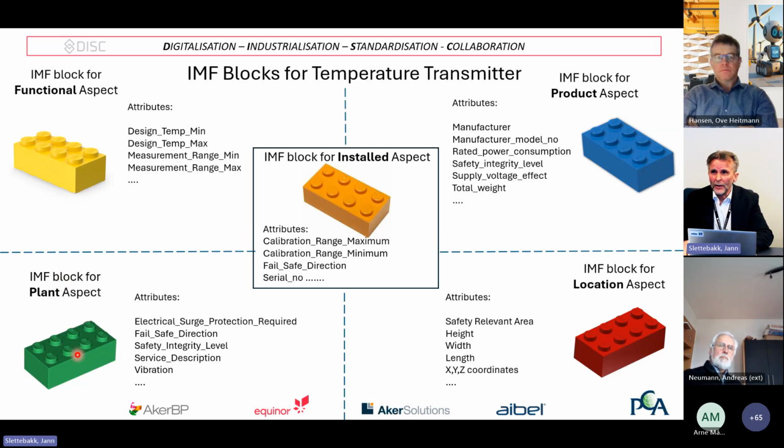We have also played around with another aspect because we need more aspects, and we are currently playing around with what we call the plant aspect, to fulfill the IMF block for an install aspect with its attributes.